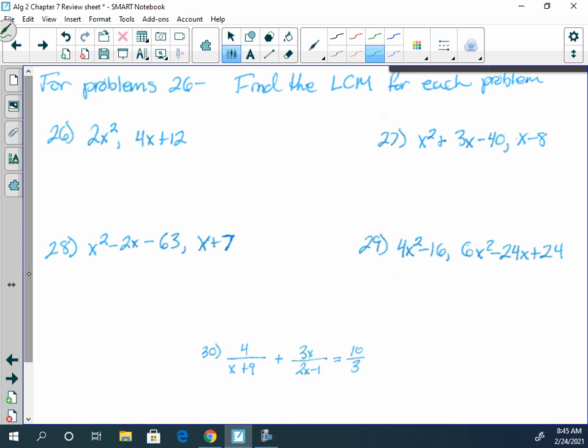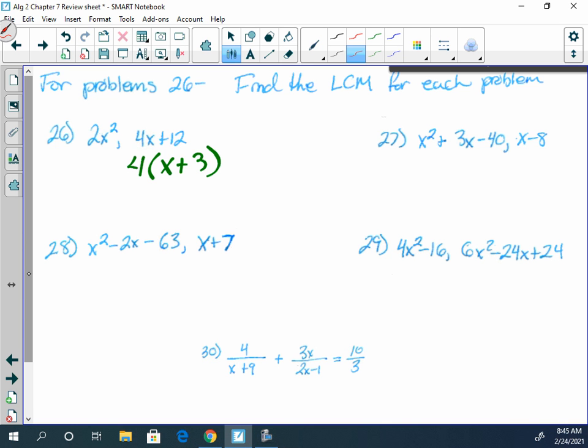Yes, there's no way I can factor it. 4x plus 12, well, we can make it a little bit simpler because there is a greatest common factor between 4x and 12, which is 4. And if I factor it out, I'm left with 4 times x plus 3. We want to try to simplify these down a little bit so that we can see if there's anything in common.